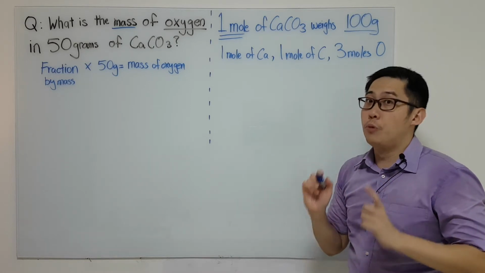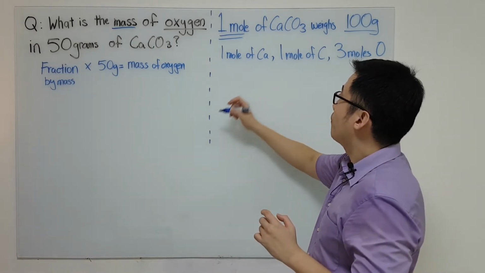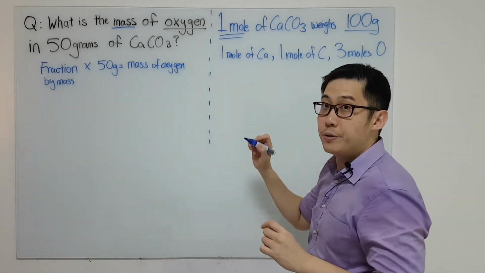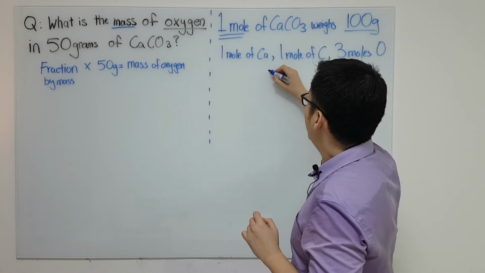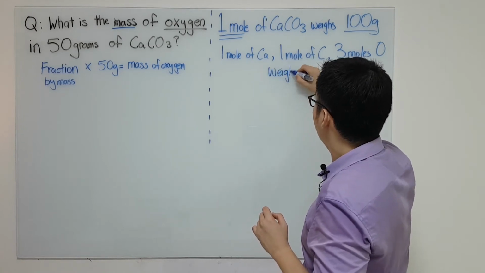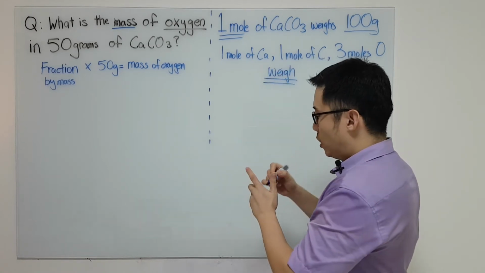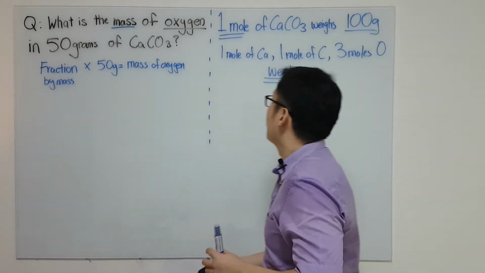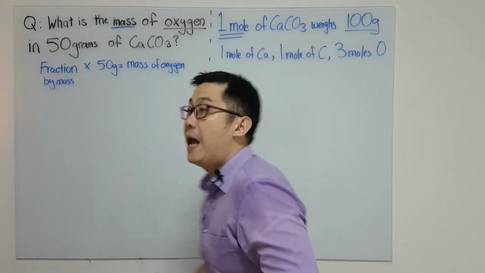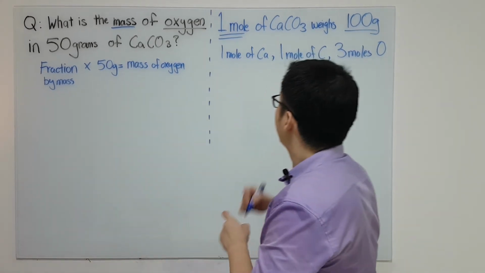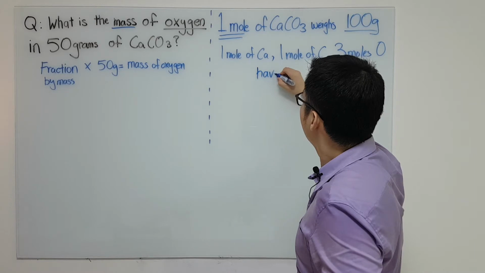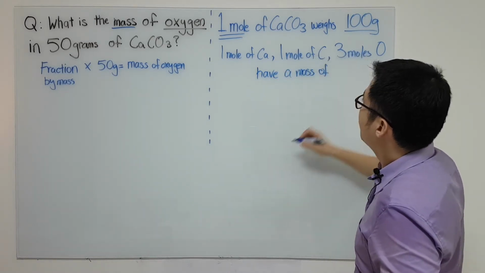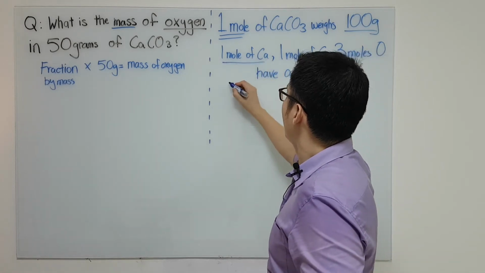Based on the molar mass, you can get this from your periodic table: 1 mole of calcium has a mass of 40 grams.